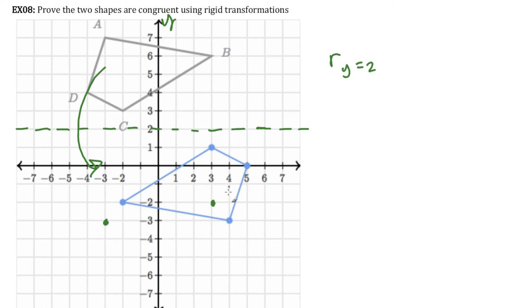I guess I should label these. 1, 1. And then 1, 2. So this is what the shape looks like now.